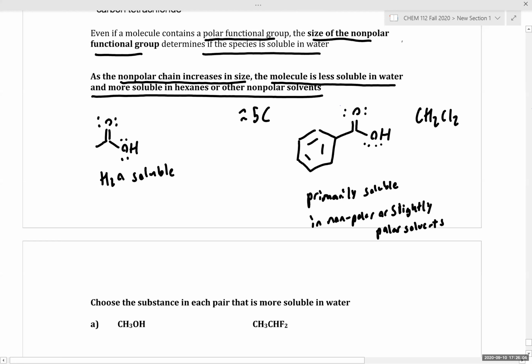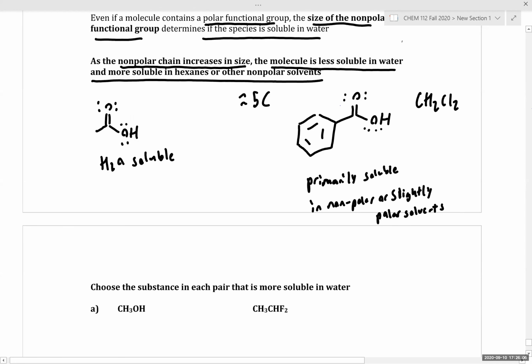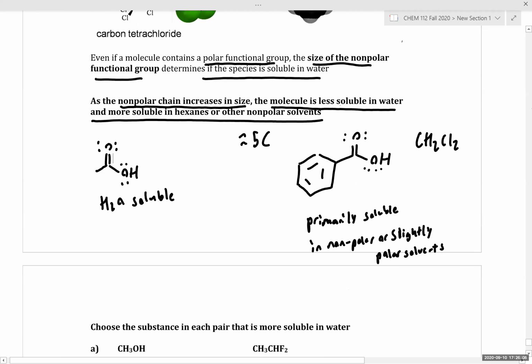Sorry, the reason the carbons make it less soluble in water is because the structure gets more nonpolar. So the more carbons we have, the larger our nonpolar region becomes.